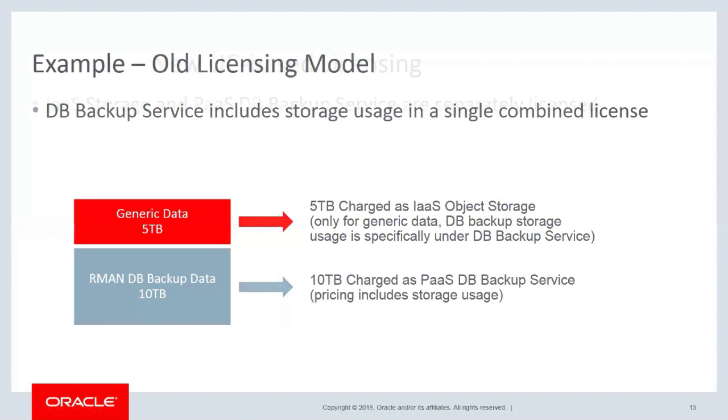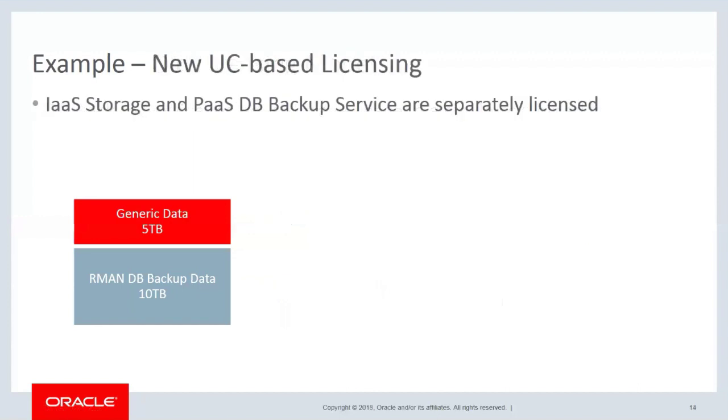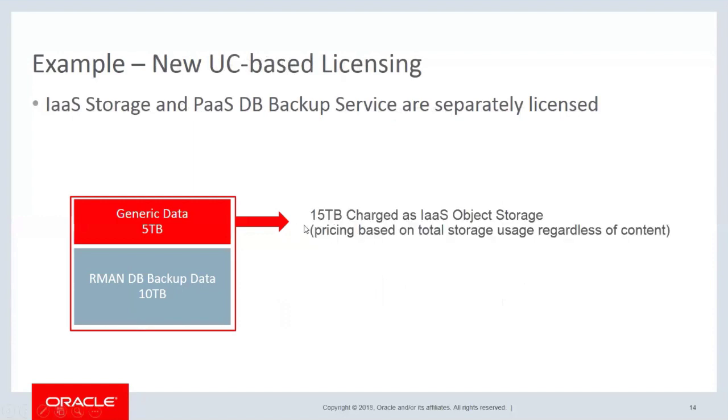In the new model, in a similar situation, you would be charged for 15 terabytes as object storage. We don't care. You are charged for infrastructure object storage for all the capacity you are consuming, regardless of content. So the total 15 terabytes are calculated for the infrastructure as a service object storage charges.